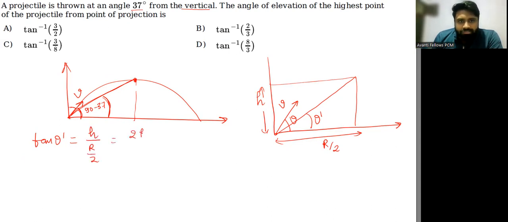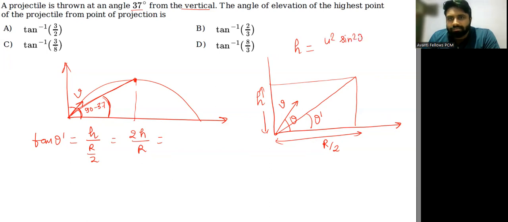So it is 2H over R. Now we need to put the formula. H, the maximum height, is u square sine square theta by 2g, and R is u square sine 2 theta by g.